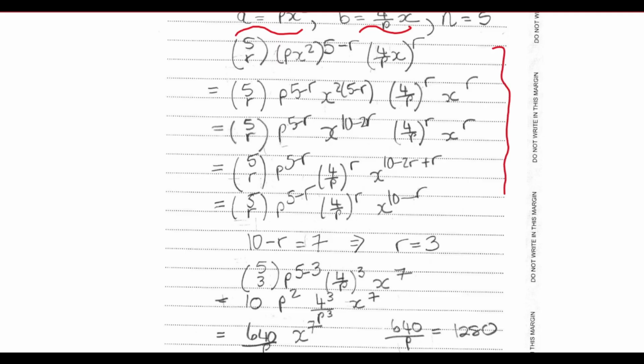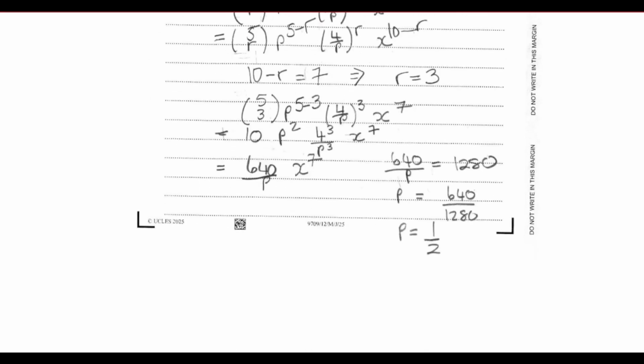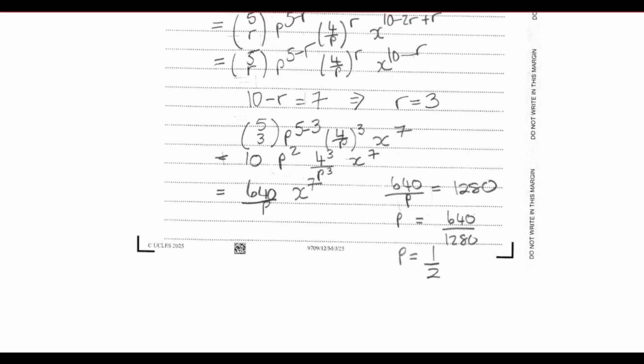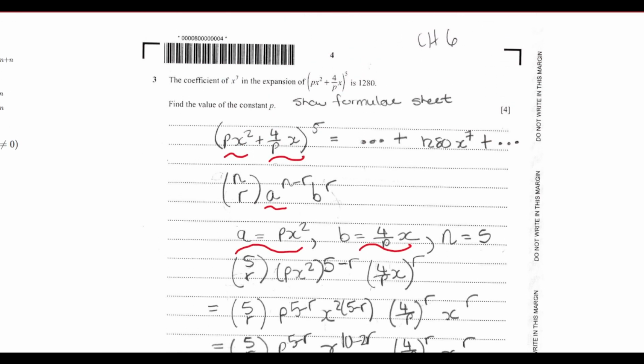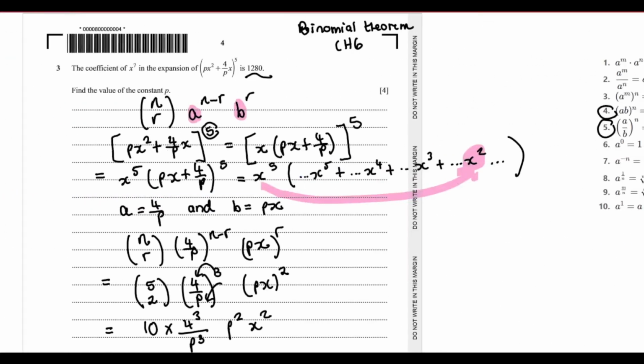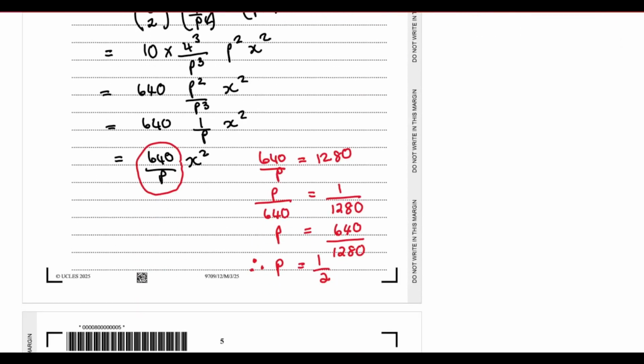Just look at all of this. It's a bit crazy. And then if you do it this way, your r will end up being 3. Okay, but in the end, look, you still get the same thing. p is equals to half. You can also check the mark scheme. So it's up to you. You can take a screenshot of this if you want. But I would say use this way. It's a bit easier.